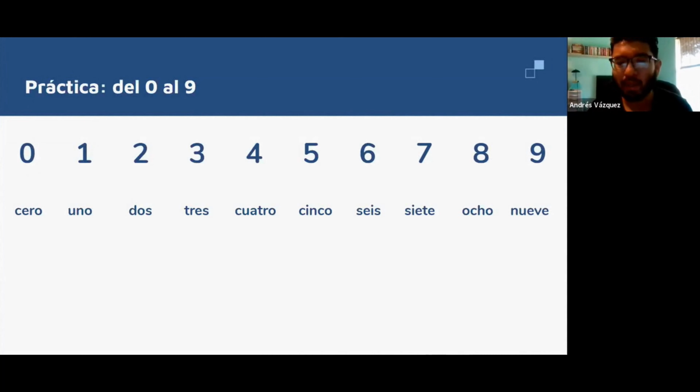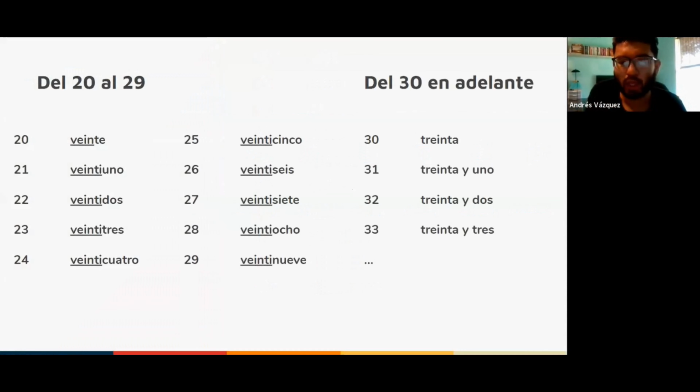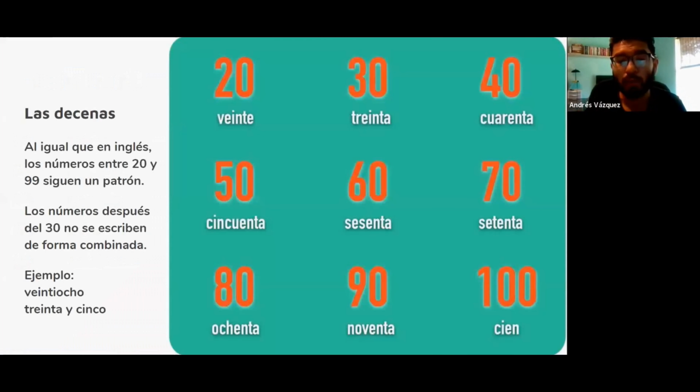So I think in daily conversation, these might be the most commonly used numbers. But again, familiarizing yourselves with the patterns that we talked about is going to help us be able to talk about any number, if it's necessary.